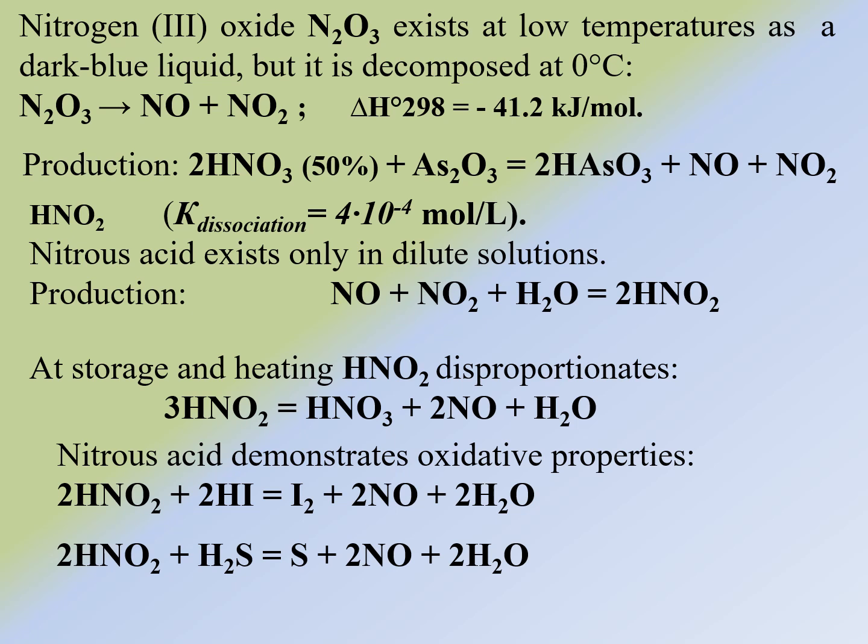And remember that HNO2 disproportionates because the oxidation state of +3 is not so stable. Yes. It would turn either to +5 and to +2, and then continue its chemical reactions.